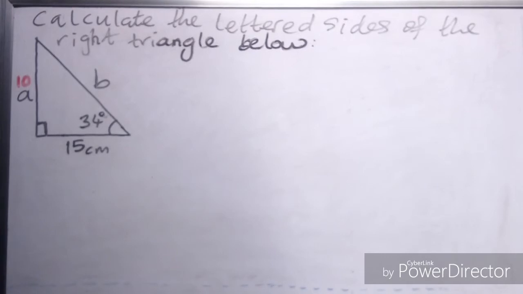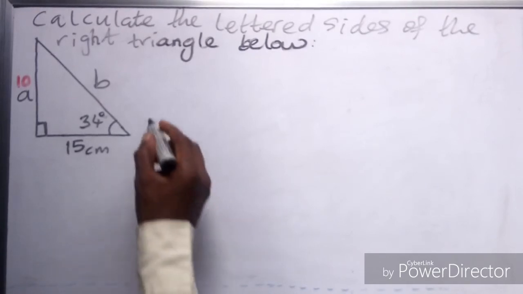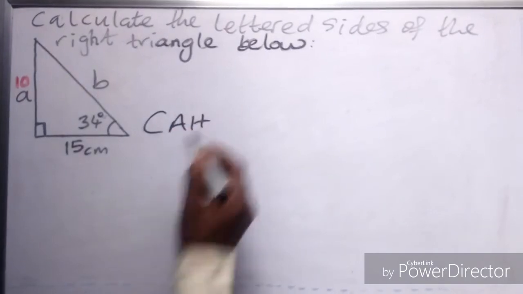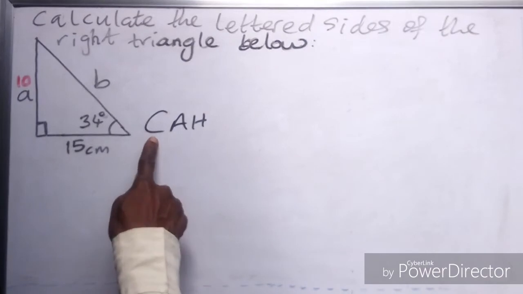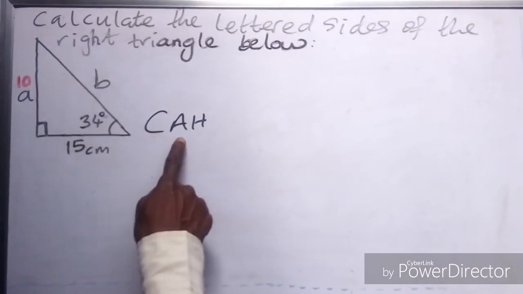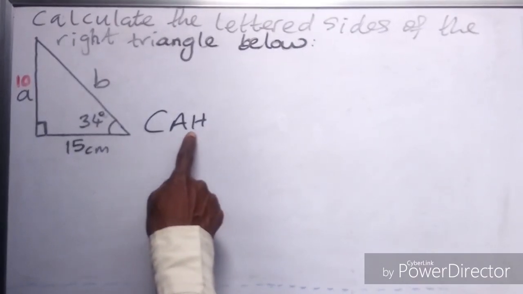Out of the three trigonometric ratios, we are going to use cosine because it is the one that has the adjacent and the hypotenuse. Remember your SOHCAHTOA, CAH, which is cosine, adjacent over hypotenuse.